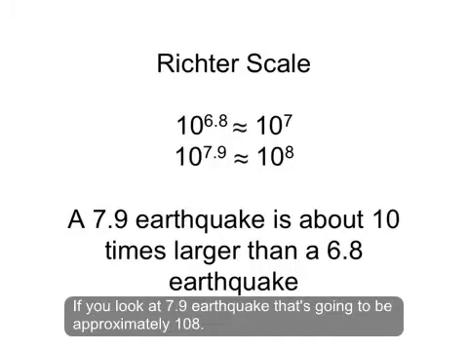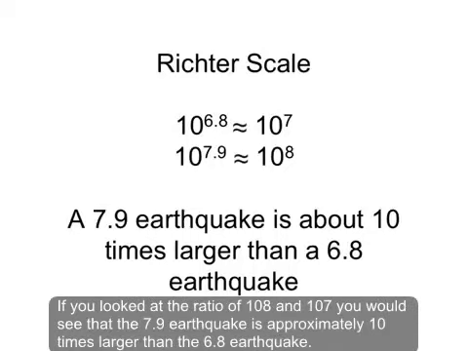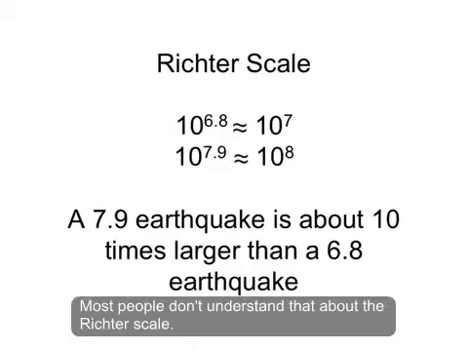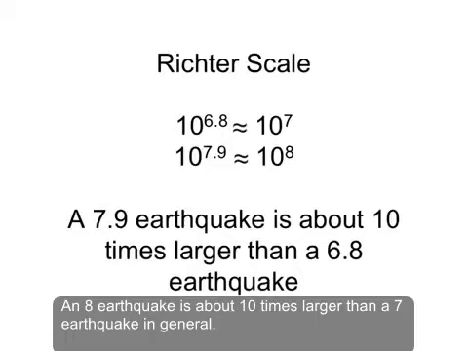If you look at a 7.9 earthquake, that's going to be approximately equal to 10 to the 8th. So if you looked at the ratio of 10 to the 8 and 10 to the 7, you would see that the 7.9 earthquake is approximately 10 times larger than the 6.8 earthquake. So most people don't understand that about the Richter scale. But an 8 earthquake is about 10 times larger than a 7 earthquake in general.